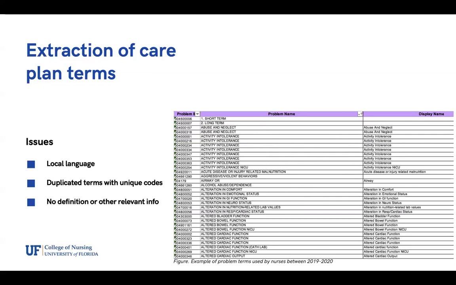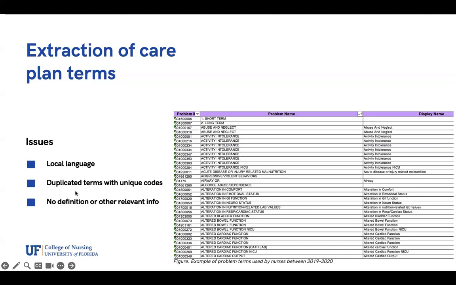We have duplicated terms with unique codes. So for example, activity intolerance, which is a problem documented in one of our health systems, appears almost 10 times here, each of these times with a unique code, which means that the computer understands each one of this same nursing diagnosis as a different one, which poses a lot of problems when we are analyzing the data.